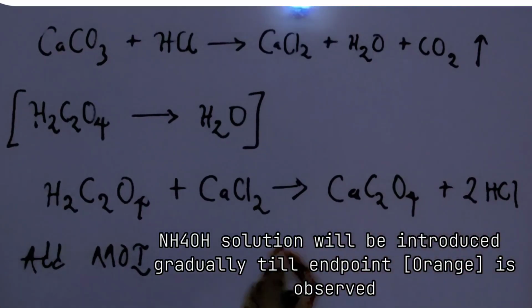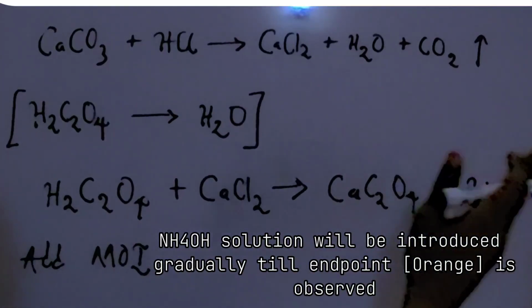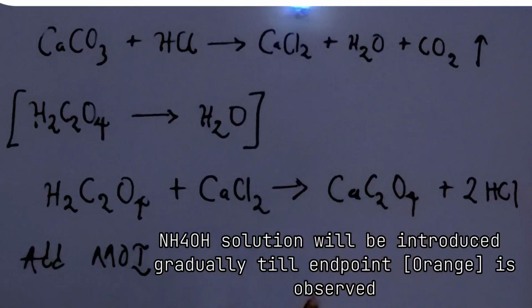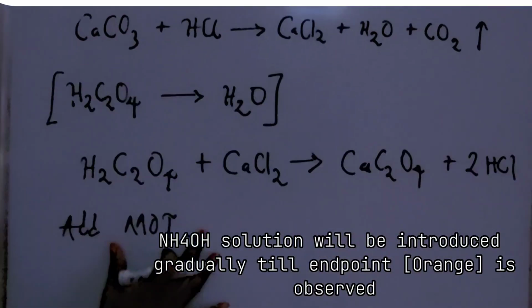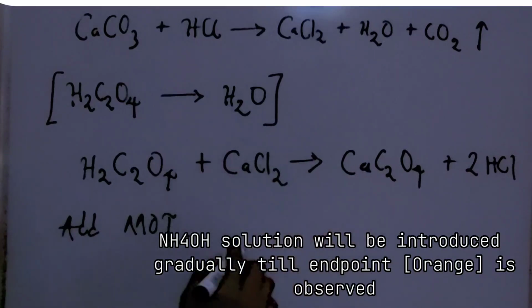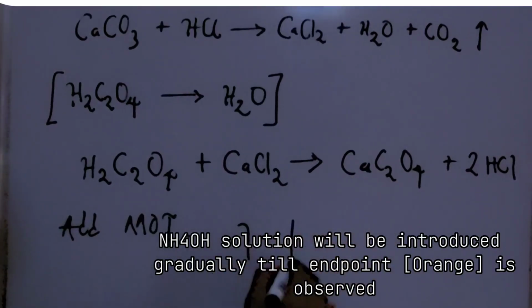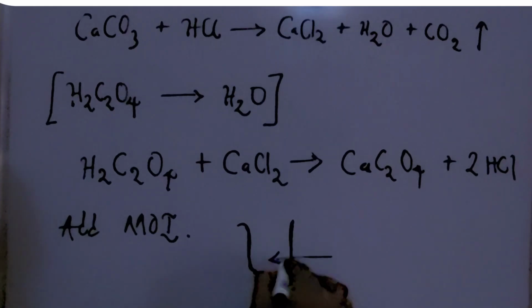Once we've added it, a neutralization reaction occurs, so HCl is neutralized, leaving us with this. That is why we're adding methyl orange. Once you've added the methyl orange, the color will be pink. You get to observe that the color is pink.